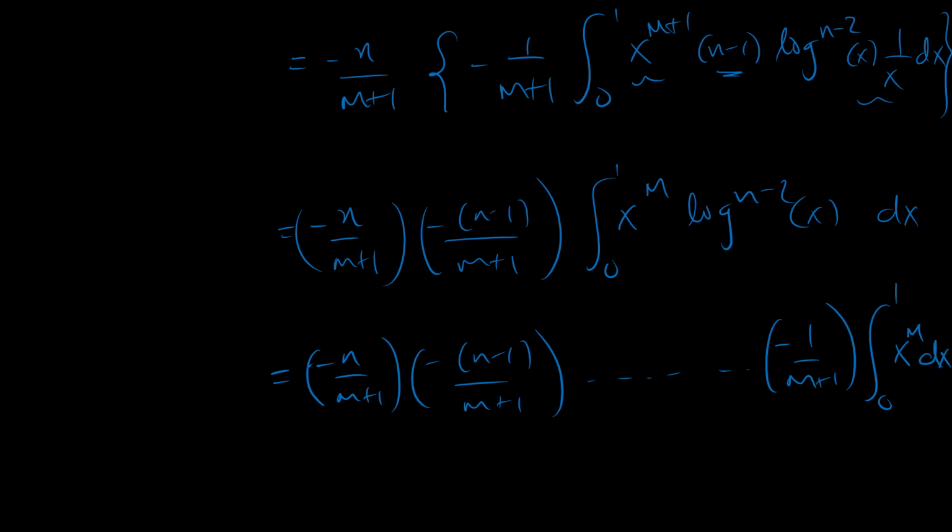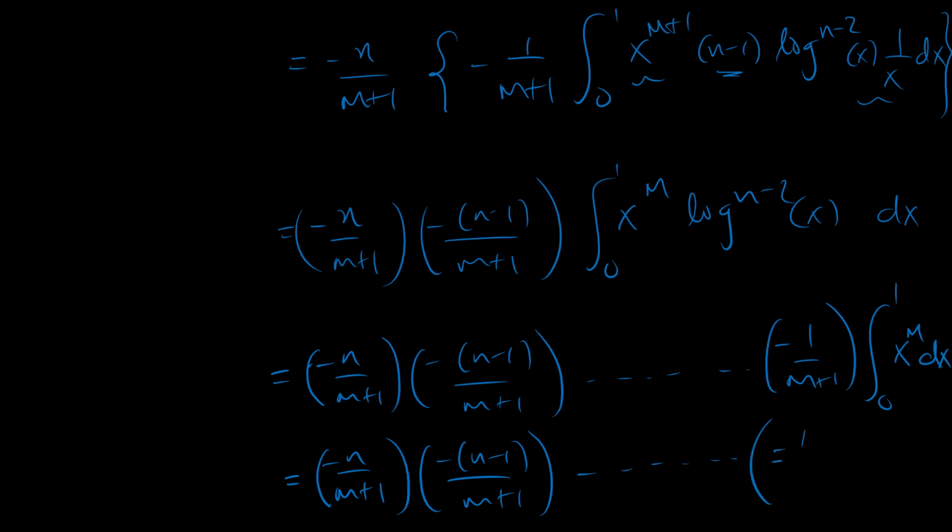So we have that, and this becomes negative n over m plus 1, negative n minus 1 over m plus 1, all the way to negative 1 over m plus 1. Here we have 1 over m plus 1, x to the m plus 1, 0 to 1. And so this goes to 1.